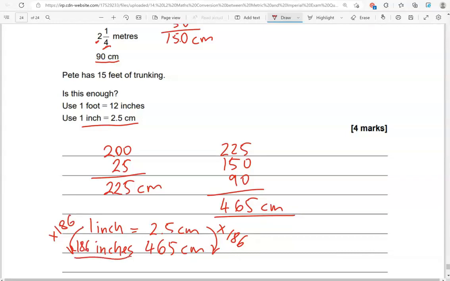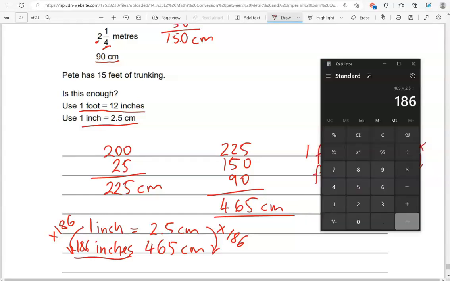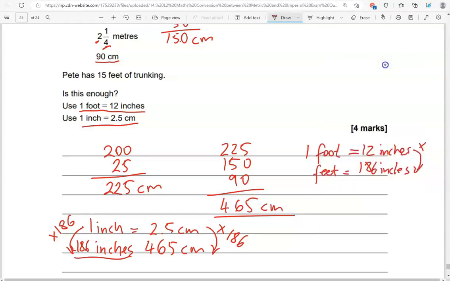So we have the inches now, and we'll use the other conversion factor, which is 1 foot is equal to 12 inches. What about 186 inches? What's that equal to in feet? So what do we multiply 12 by to get 186? So 186 divided by 12 gives us 15.5.